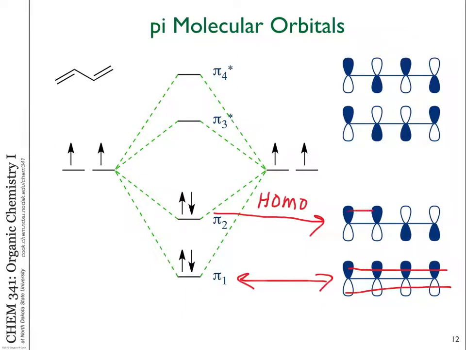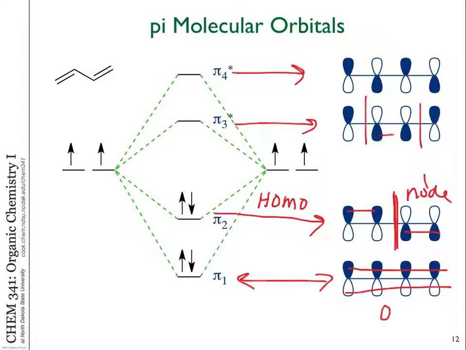Notice the signs are opposite for the 2 on the left and the 2 on the right. So there's what we call a node in between. One node. So we go from 0 nodes to 1 node. And then as you go up in energy, notice there are 2 nodes now. These ones have the same sign. And then at the highest one, there's 3 nodes. Okay, the sign alternates every single orbital.